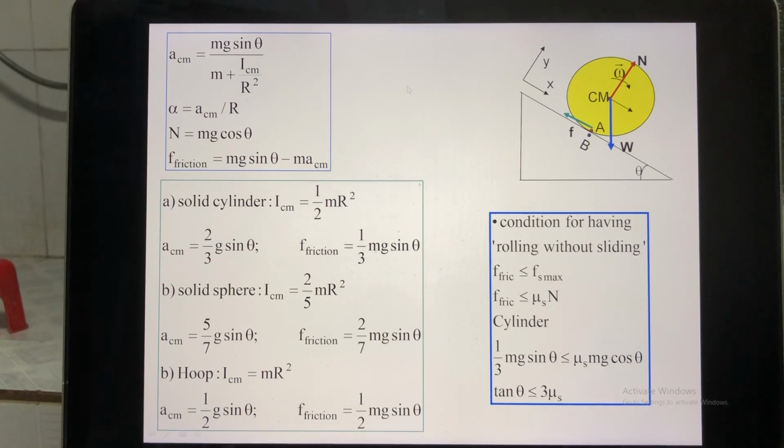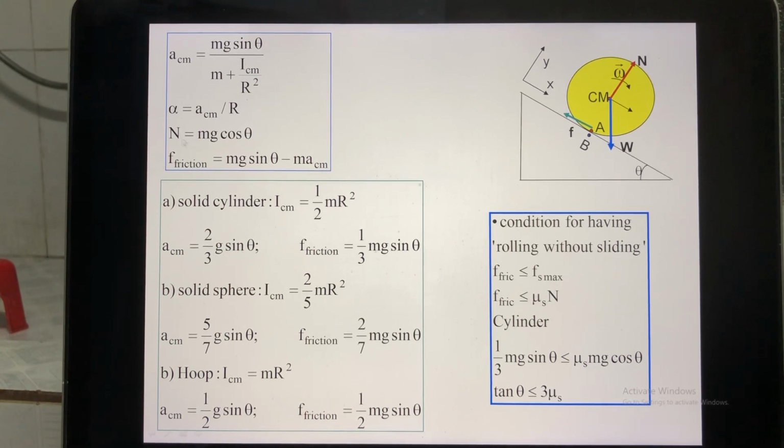Now it depends on the given. If the given is a disk or a solid cylinder, then I equals this one. So you substitute I into this position, and you have a like this, you have alpha like this.